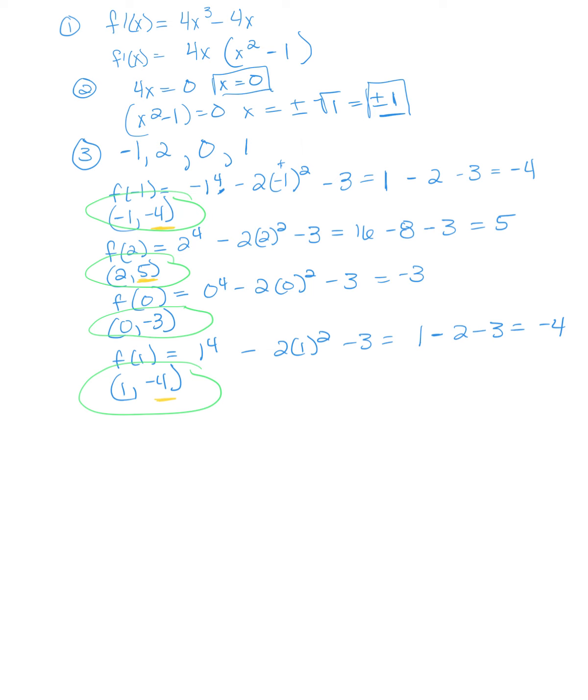The lowest of those y values is -4. So we have an absolute minimum, remember that's our y value, at -4, and an absolute max at, where is it, (2, 5), so at 5. All right, so these are going to be your absolute mins and maxes on this closed interval.